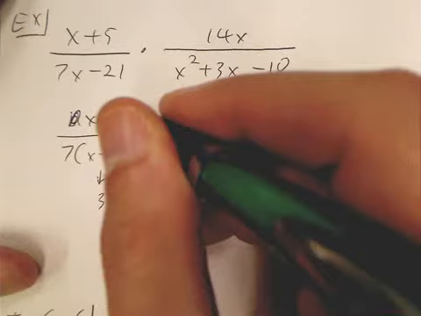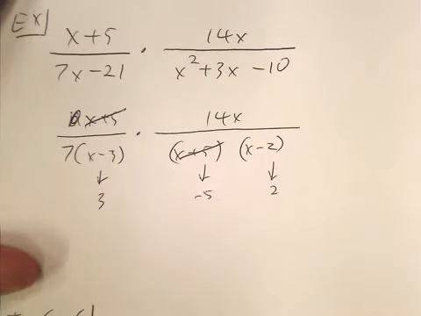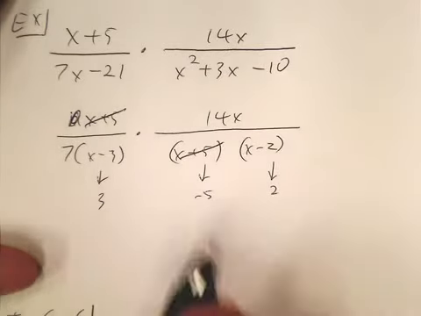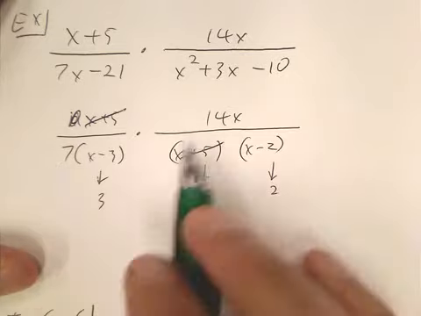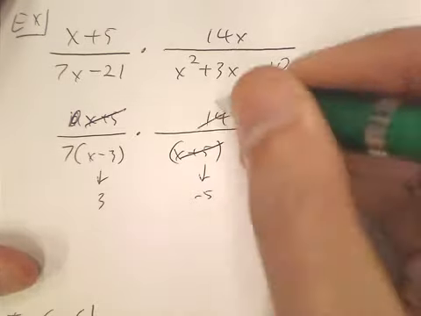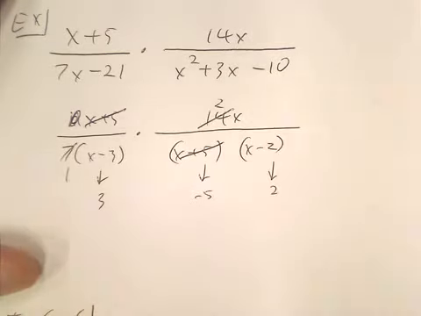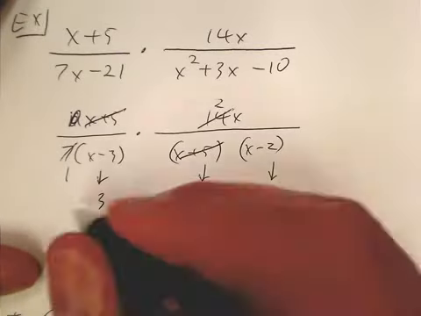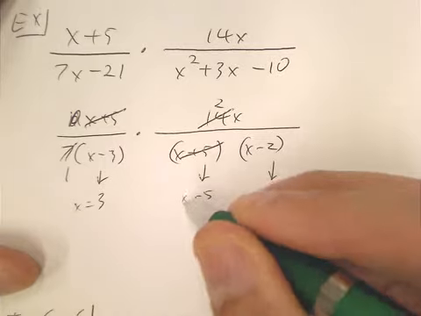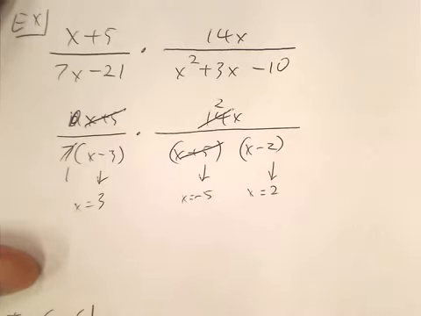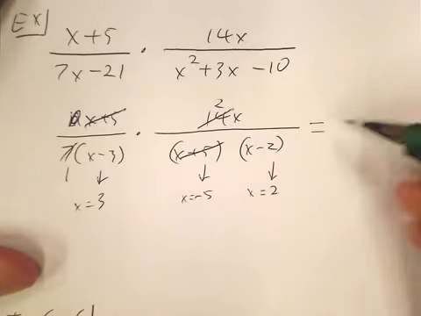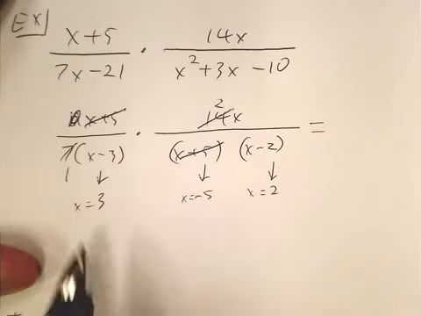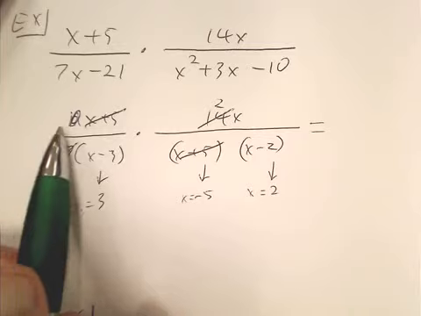What's going to cancel? The x plus 5 will cancel. The 14 and the 7, those numbers will reduce to 2 and 1. 7 goes into both of those, so 2 there and 1 there. Let me clear this up a little bit. These are my excluded values. Okay, and then nothing else will cancel, so I just look at what's left after this aftermath of math. So look across the numerator.